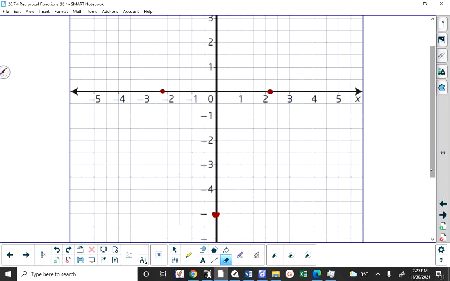I've got to change this graph. I hate this scale. Over 1 and up 1 takes you to here, doesn't it? Over 1 and up 1 on the other side takes you to there. Over 2, I've got to change this scale. This is driving me nuts. Takes you to here, and up 1, 2, 3, 4 takes you to here.